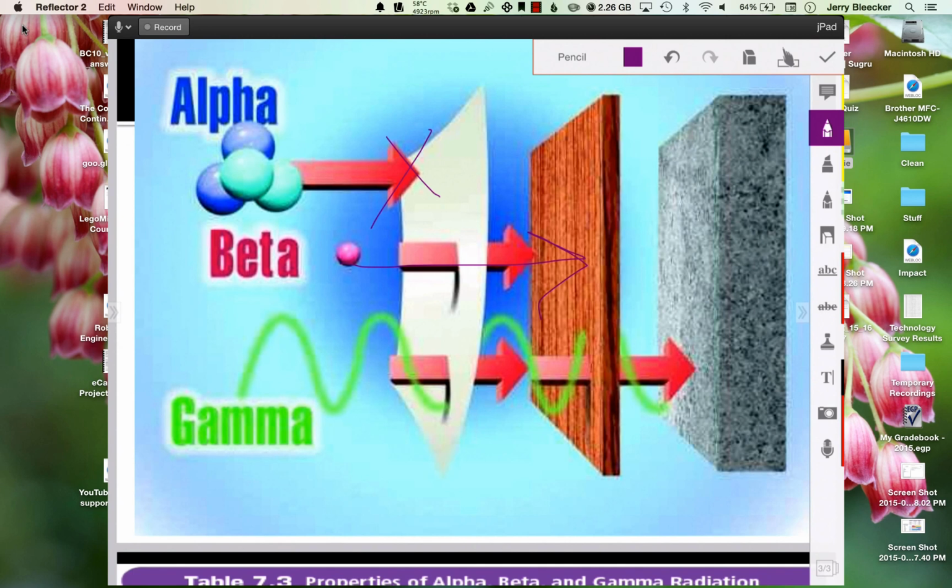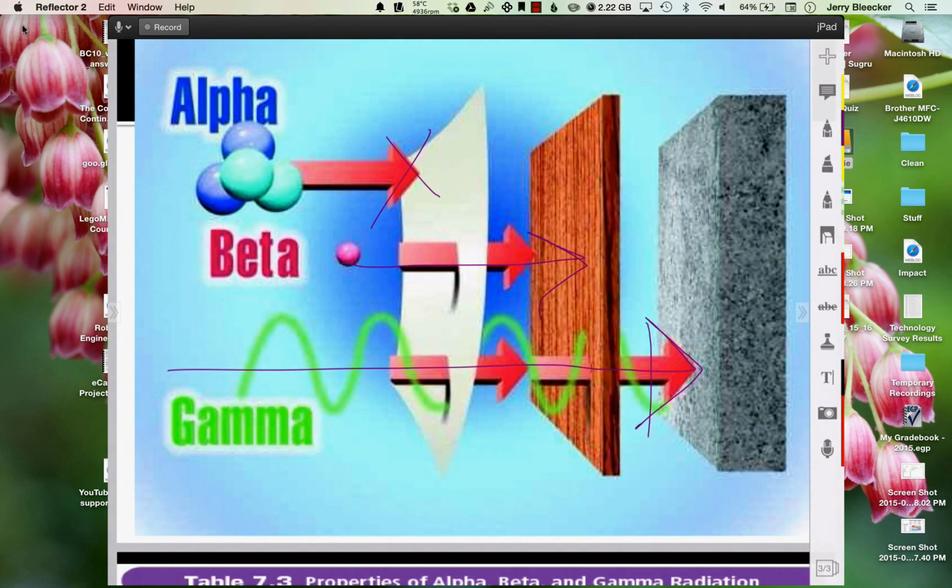In this case they're indicating wood, but the classic example is aluminum foil. And gamma radiation is very high energy, like X-rays. If you've been to the dentist, you know you need something really dense to slow down that amount of energy, so something like lead or really thick concrete. Voila. I think you get the idea.